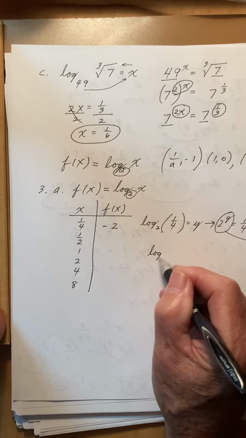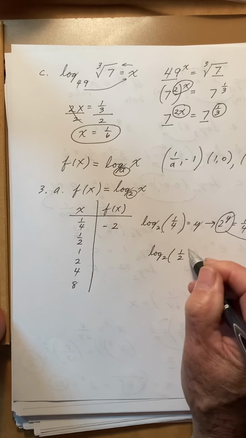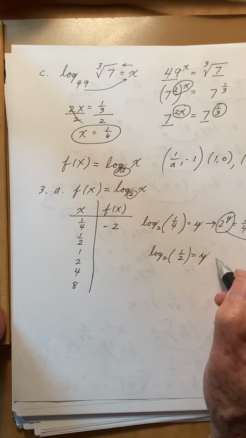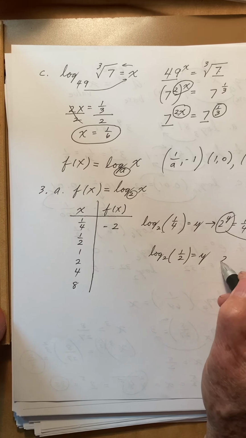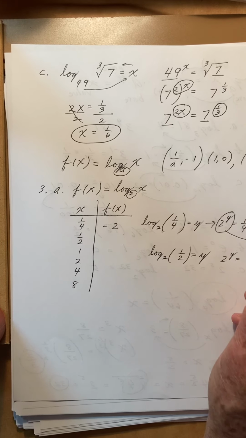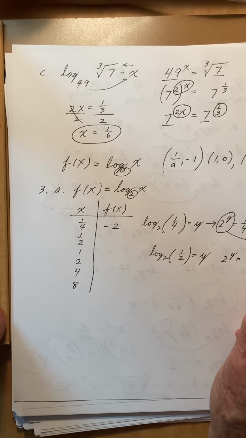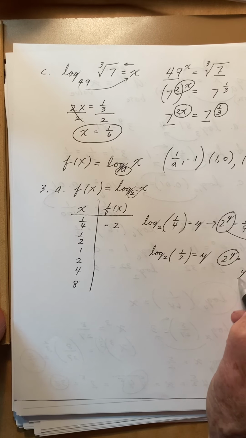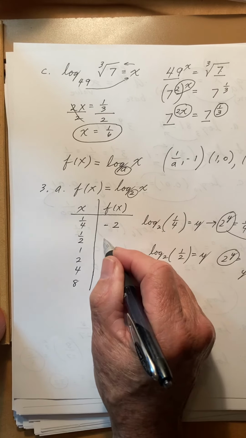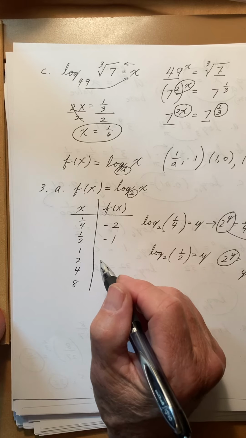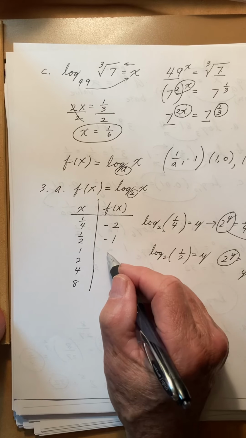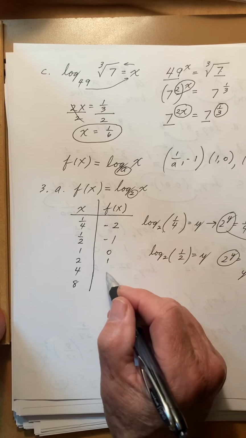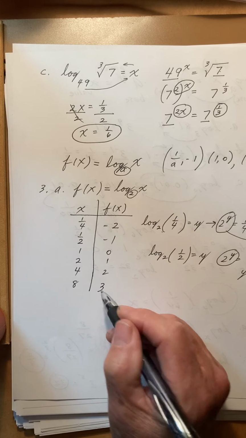The log base 2 of 1/2 is equal to y, which means that 2 to the y is equal to 1/2, which is the same as 2 to the negative 1. So y is negative 1. So we put a negative 1 in there. And if you do the rest of these, you'll get a 0, a 1, a 2, and a 3.